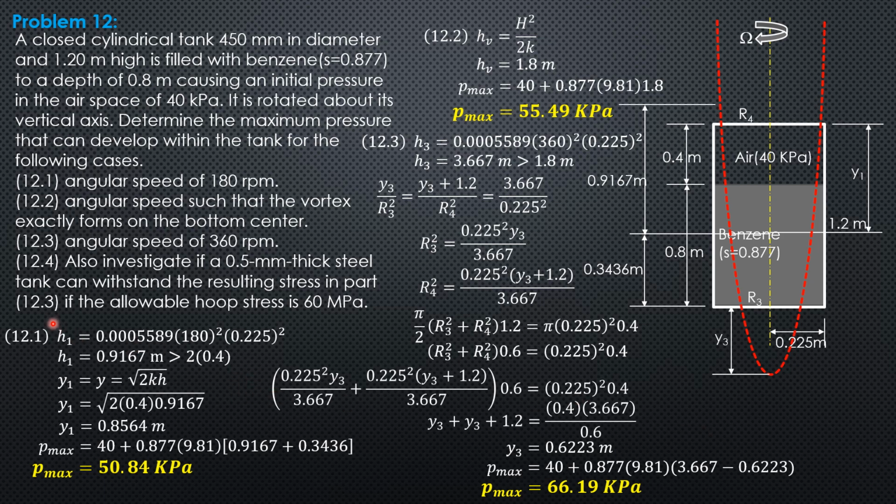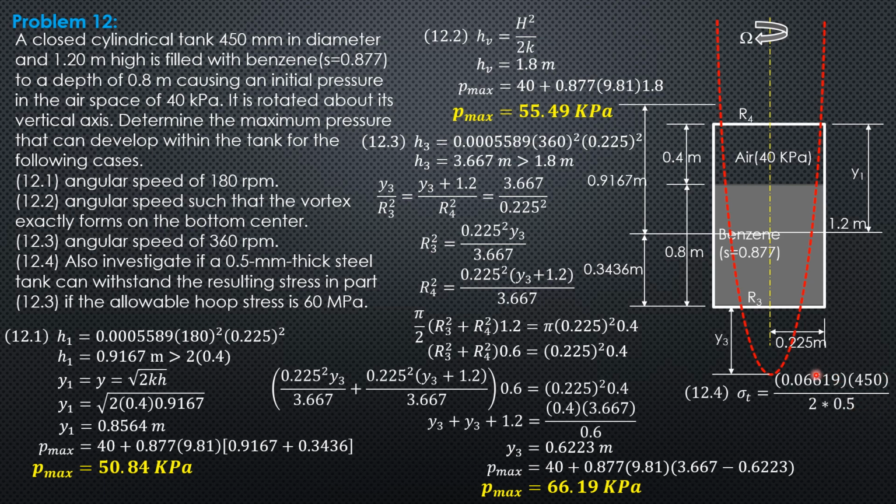To answer the last question, let's compute the hoop stress, which is given by pressure times diameter over 2T, and compare it with 60 megapascals. To be safe, it should be less than 60 megapascals. So the actual hoop stress is equal to pressure, which is 0.06619 megapascals, times diameter 450 mm divided by 2 times 0.5 mm.